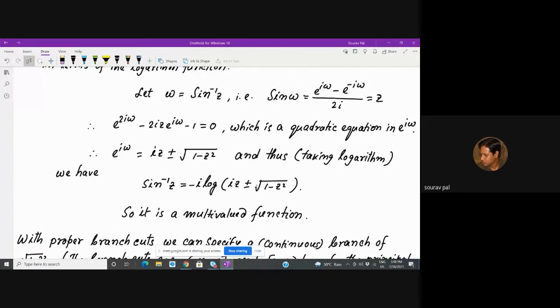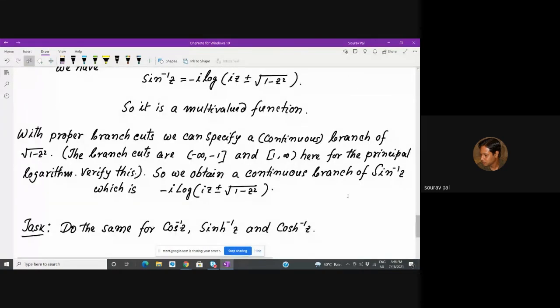So it depends upon what branch you are choosing. You just find out what the branch cuts are, at least for one. You just try to find out one branch cut in terms of the principal logarithm. If you choose to have the principal logarithm of this, what are the branch cuts? You have to remove two half lines. Just believe me. I have just written here, but you just verify this, right?